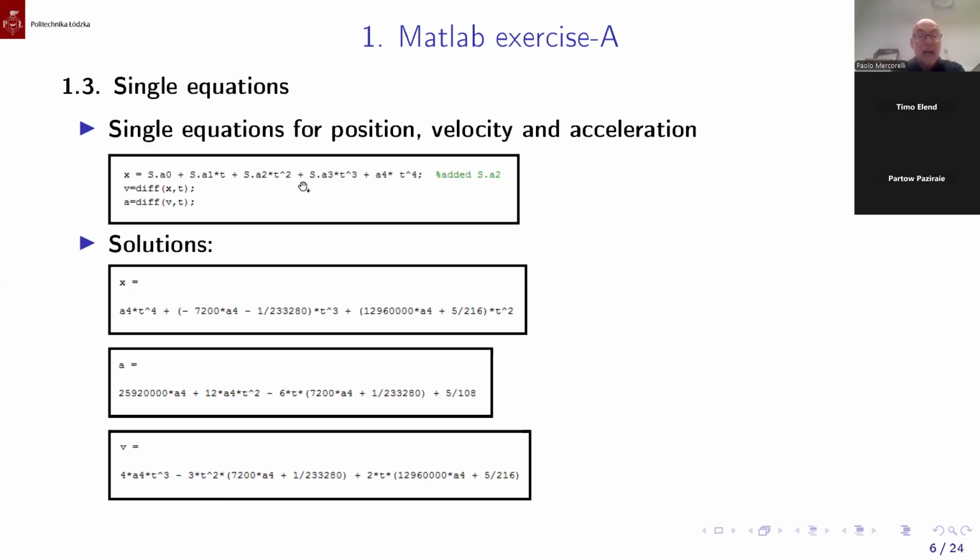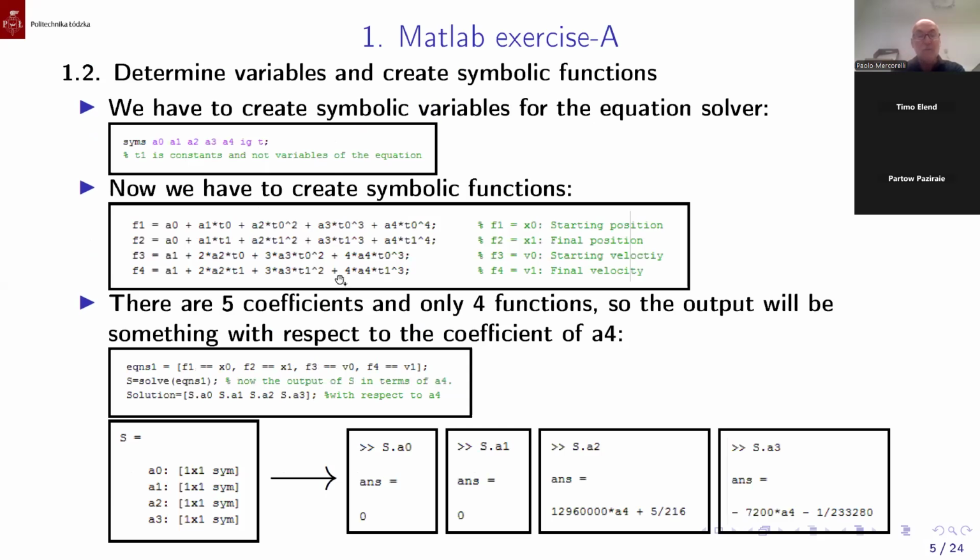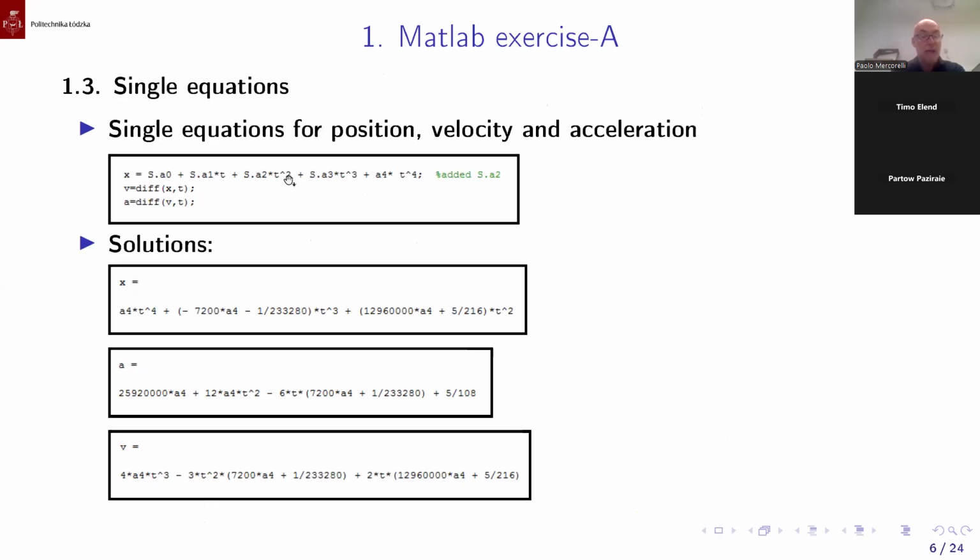So we have 0, 0, plus a function of A4 which multiplies t squared, then another function of A4 which multiplies t to the 3, and then A4 multiplies t to the 4. This means the position, and of course also the velocity, are parameterized by A4.